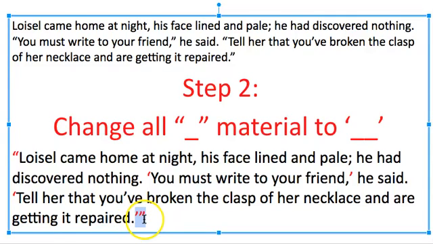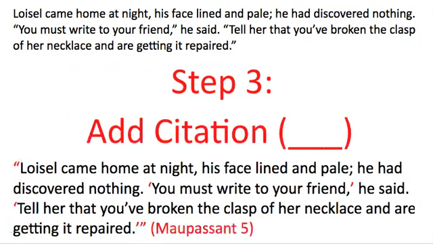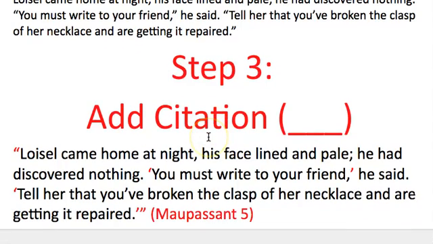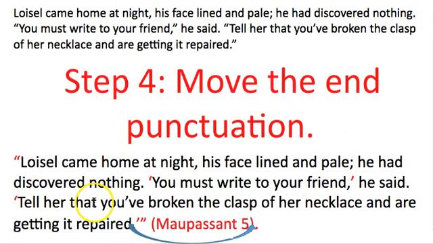So it's ending the conversation and then it's ending your citation. But that's correct. And then again, add your citation. So give the parentheses, author's last name, page number, parentheses. And then move that period that was here, move it outside. So you don't need a period in here.